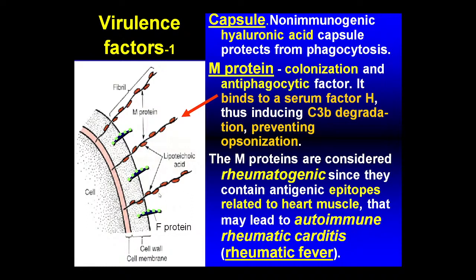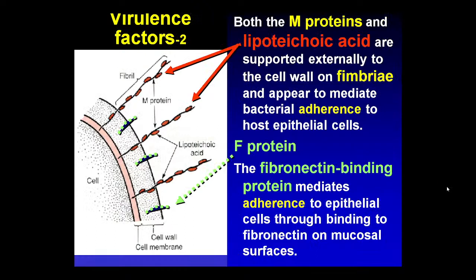So this is the point when anti-M antibodies may bind with the heart muscle to cause autoimmune rheumatic carditis or rheumatic fever. The M protein also supports the adhesion of the streptococci to the host epithelial cells.